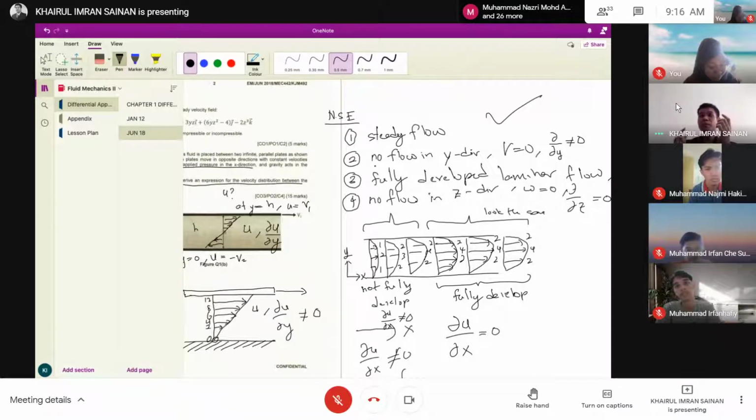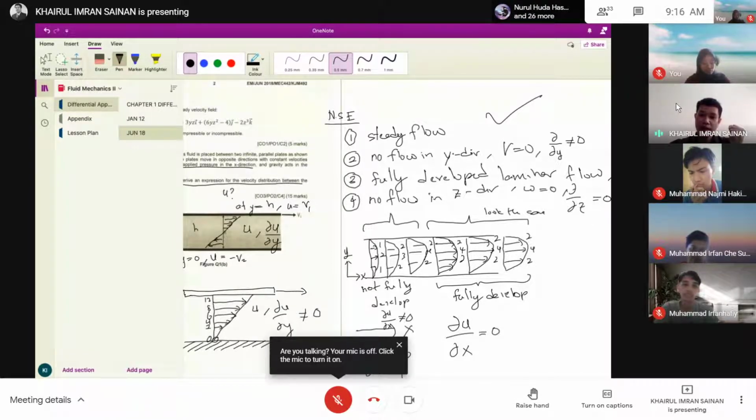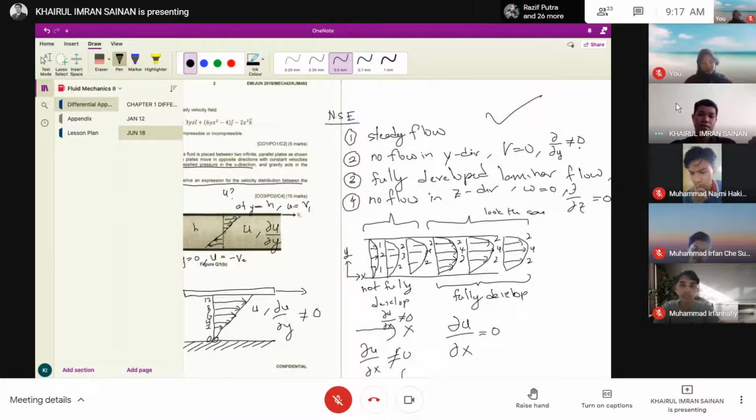Number 2 and number 4 here are actually about flow. We know that the flow is only in the U component, right? So number 2 is there is no flow in the y direction, so V equals 0. We need to establish y: is del over del y equal to 0 or not? Take a look at no flow in the z direction.